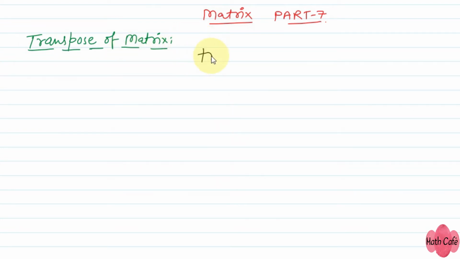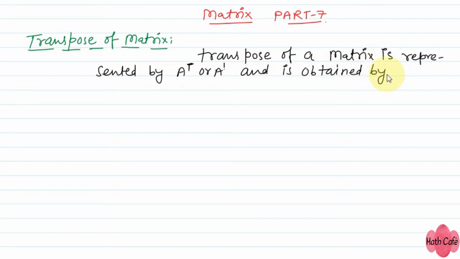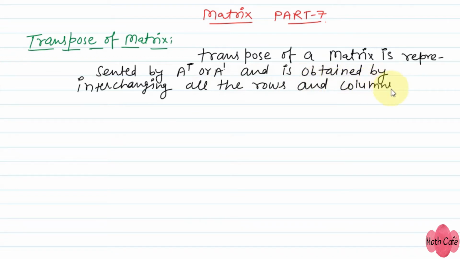A transpose of a matrix is represented by A transpose, A power T, or A dash, and is obtained by interchanging all the rows and all the columns to each other.